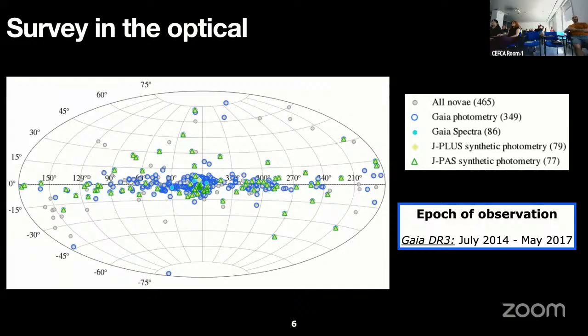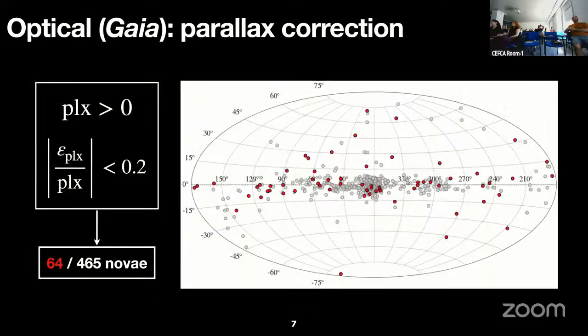But, well, having Gaia's data led us to work with Novae that have a very accurate distance. And for this, we did a parallax correction, which is that the relative error of the Novae had to be less than 20%, which leaves us only with 64 Novae to work with.